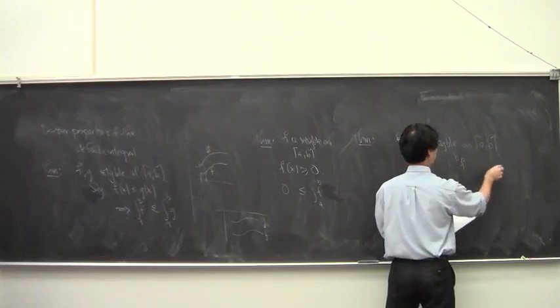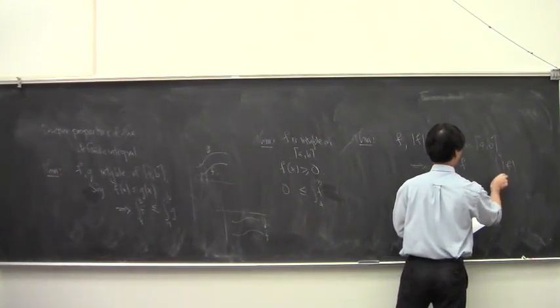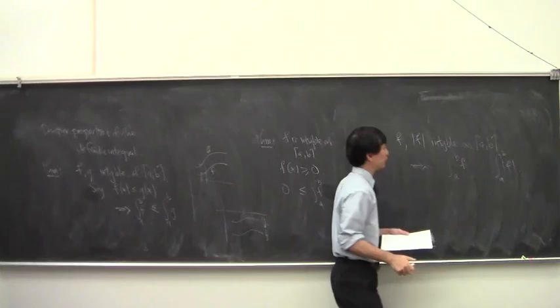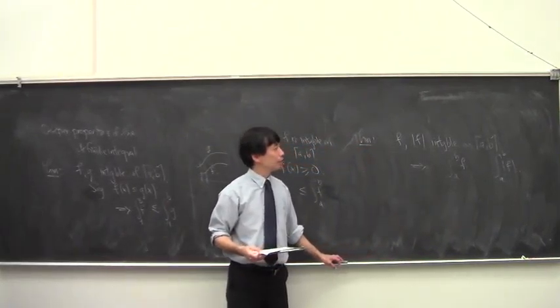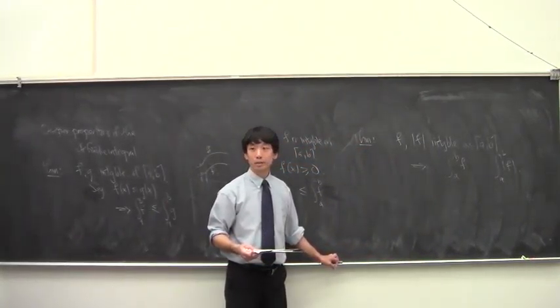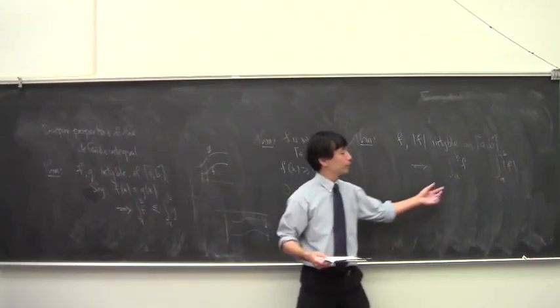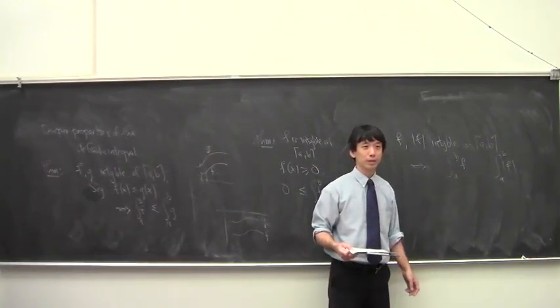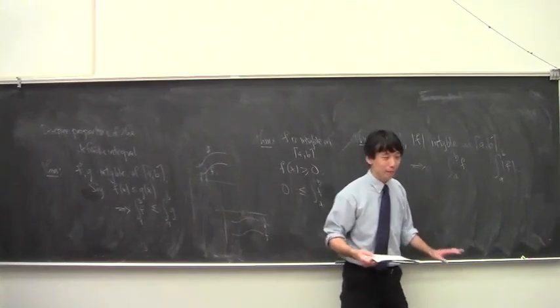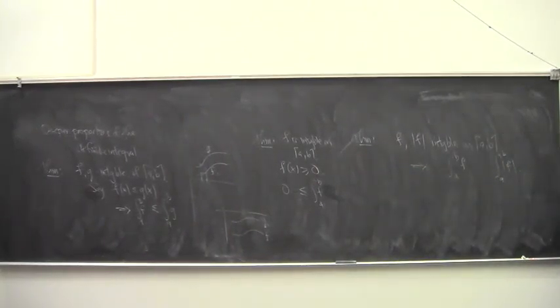What can you say about the relation of their integrals? I'd like you to think. I'd like everybody to try to give an answer. So everybody take 20 seconds and write down an answer.